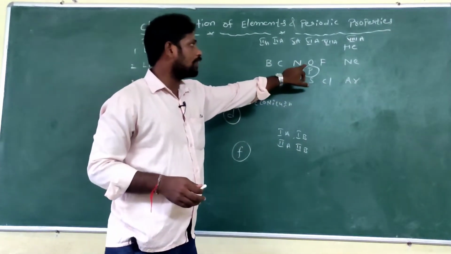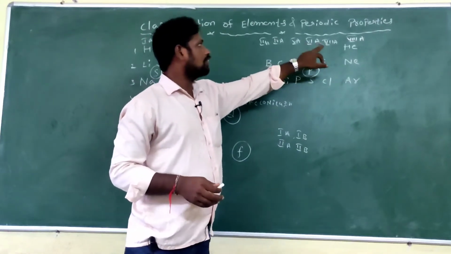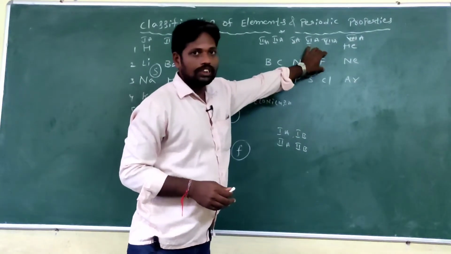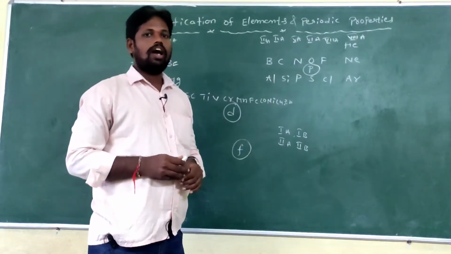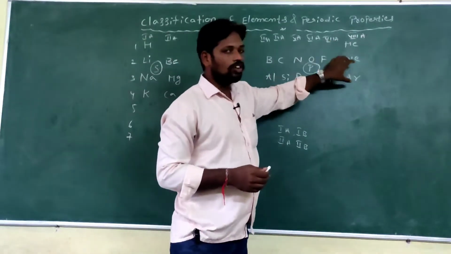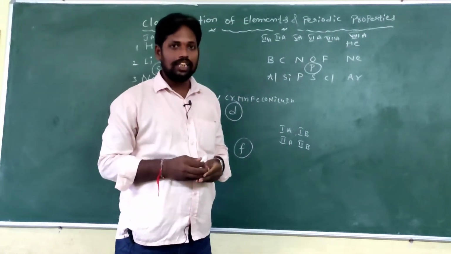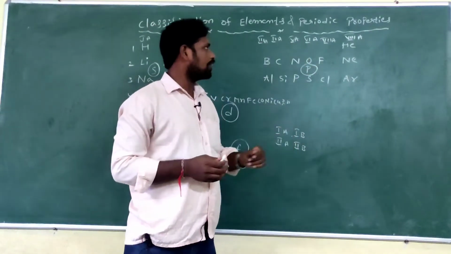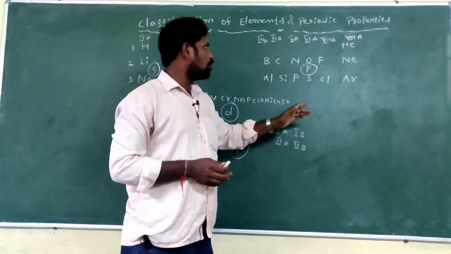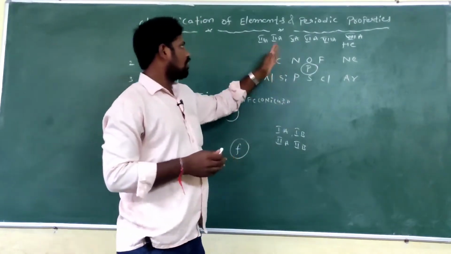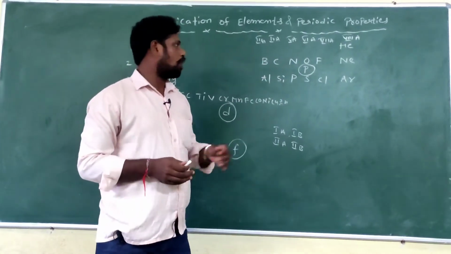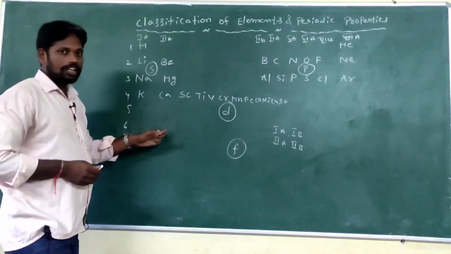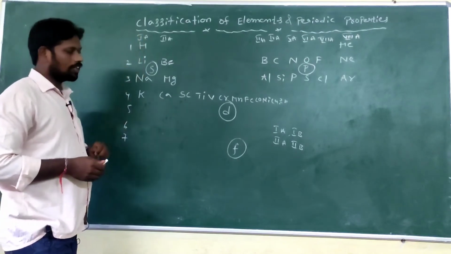The 7A group elements are called halogens. The 8A group elements are called noble gases.